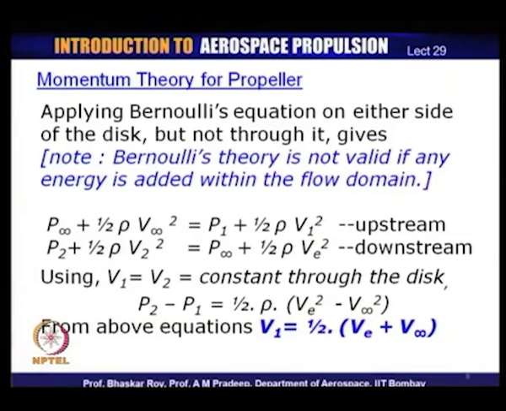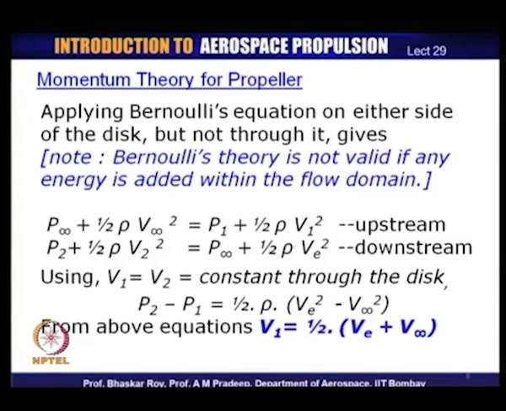From the above equations, we can now say that V1, which is the flow at the actuator disk, is half of Ve plus V infinity, which is just the mean of the upstream and the downstream velocities. So, if you have the upstream velocity V infinity, and if you can estimate the downstream velocity Ve, then you can find, simply by averaging the two, the velocity at the actuator disk.